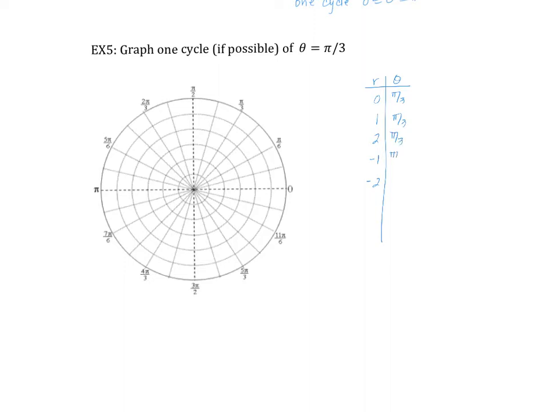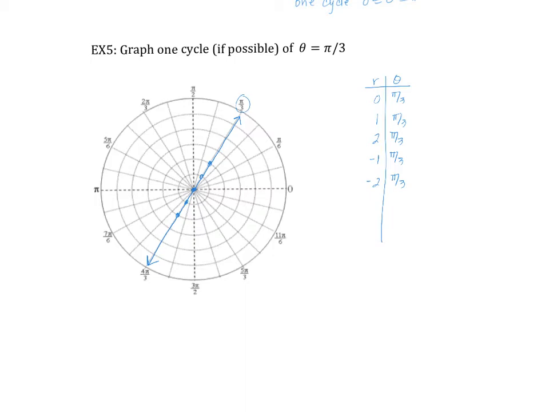So if I were to graph these points at pi over 3, r is 0, r is 1, r is 2, r is negative 1, negative 2. And then notice I could keep doing this. What I end up with is this line that passes through the origin.